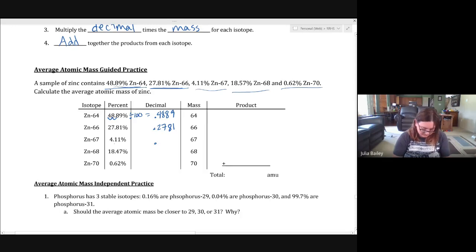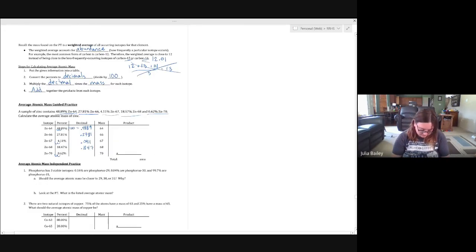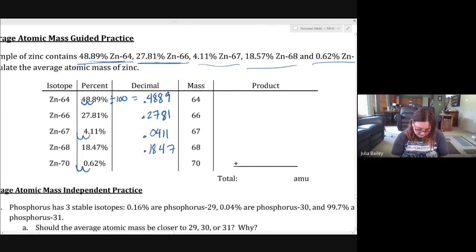It does get a little tricky when it's a one-digit or decimal percent. You still have to move the decimal twice, so just keep an eye out for that. Like here, it's 0.62%. You still have to move the decimal twice to turn that percent into a decimal, so it becomes 0.0062.